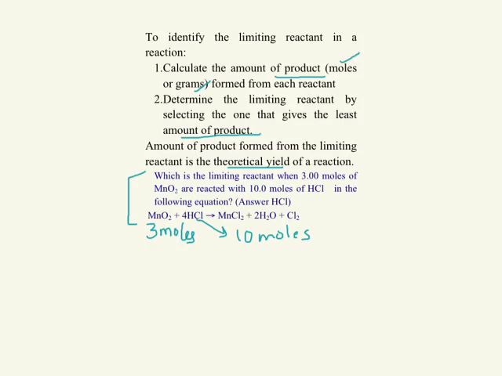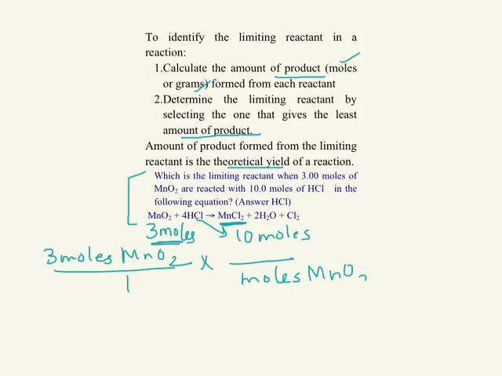So what you're going to do is pick any product out of these three. Let's say I'm going to pick the first one. Starting with 3 moles of manganese dioxide, we're going to see how much manganese chloride can be formed.